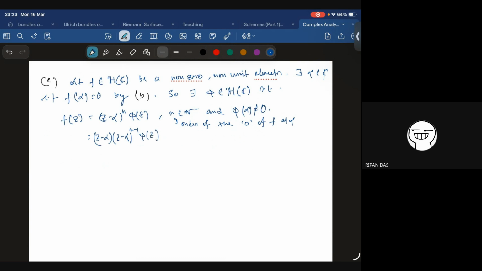So you see, f cannot be irreducible, right? Because this can be my g(z) and this can be my h(z). So the irreducibility of f breaks down if n is not equal to 1. So f is of the form z minus alpha, so n equals 1 basically.